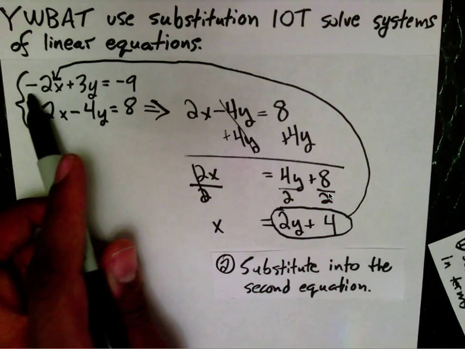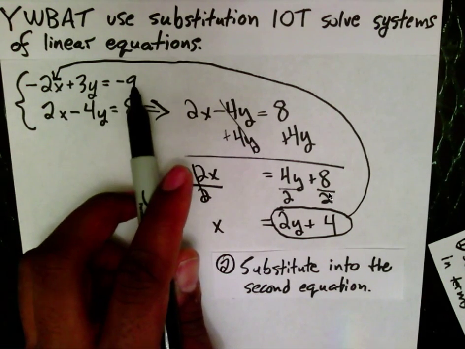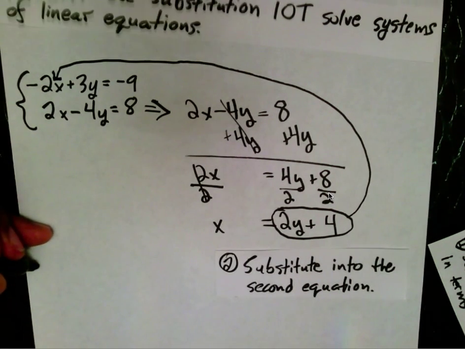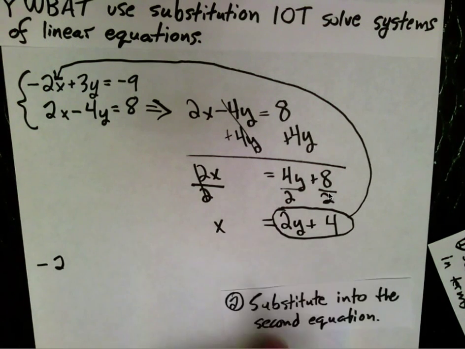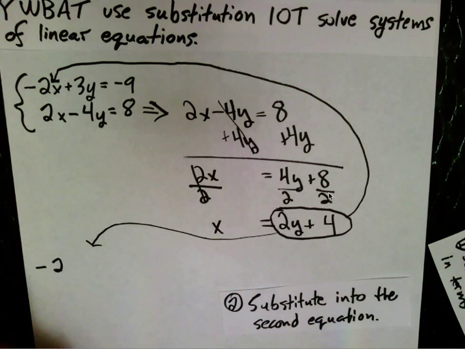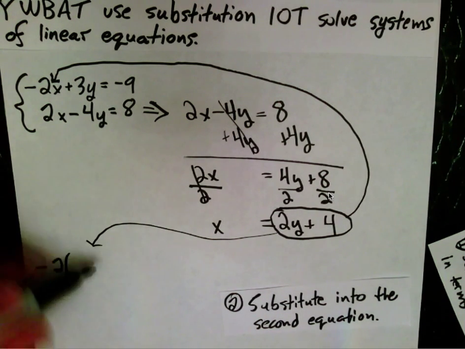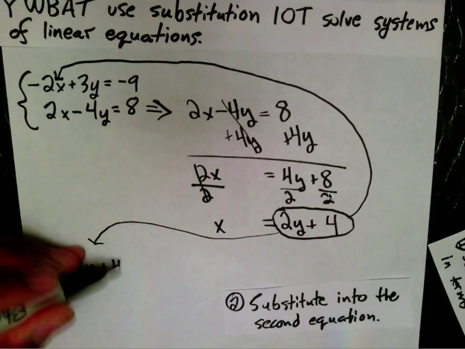So instead of saying negative 2x plus 3y equals negative 9, I'm going to say negative 2, parentheses, 2y plus 4.